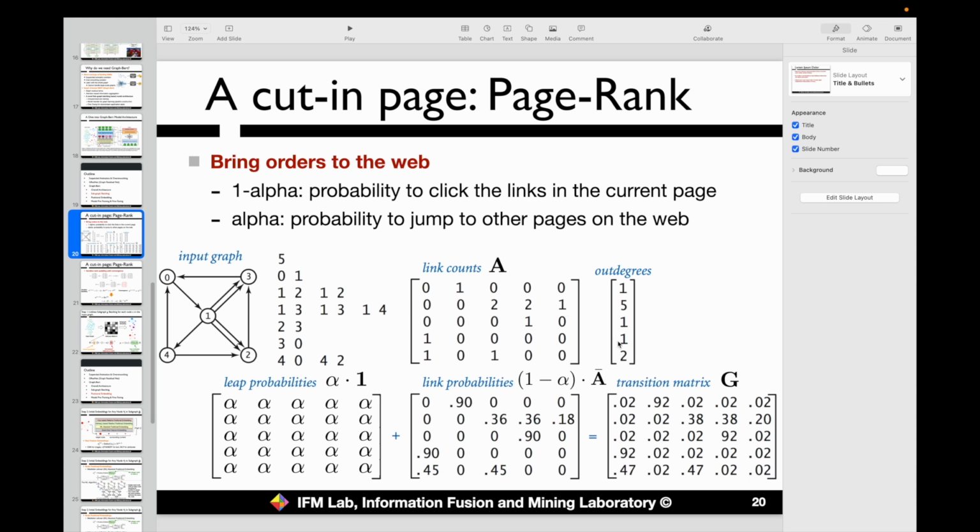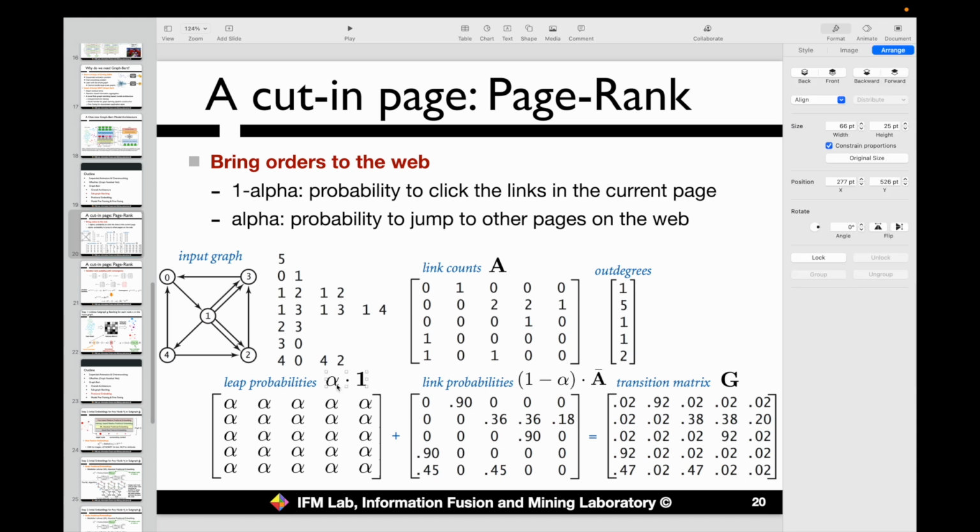And so forth for the other rows in the matrix, by dividing by the degree of the nodes. And we can further multiply the normalized version of the A matrix by 1 minus alpha as we defined before. By adding the probability distribution among pages following these links as well as the jumping probability distribution, we can define the final transition matrix G by summing them together, right? This is one way to define the transition matrix among different nodes in the graph.